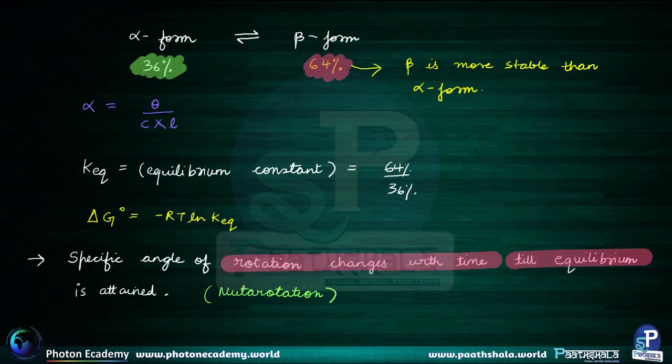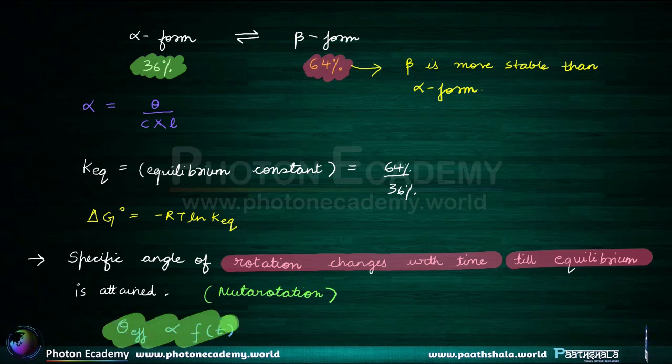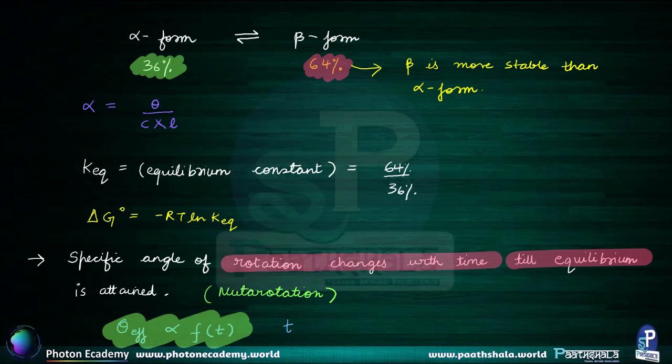We can say that theta effective is a function of time. And here this time t will be less than the time of attainment of equilibrium, that is the time till I attain equilibrium.